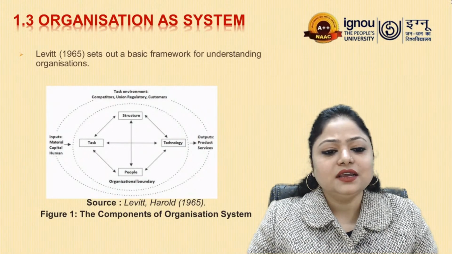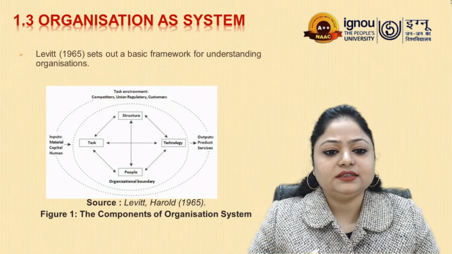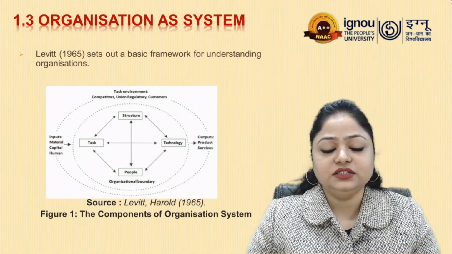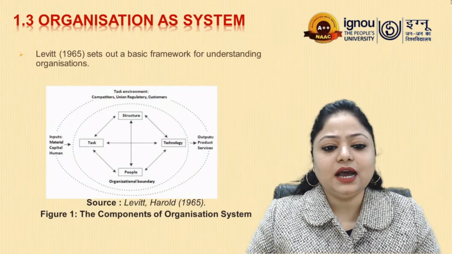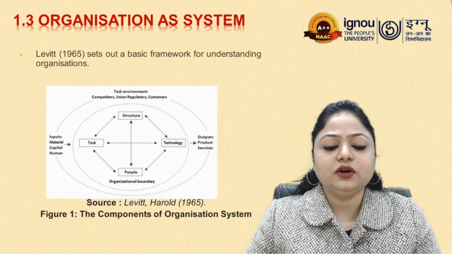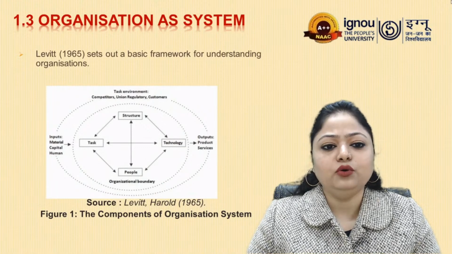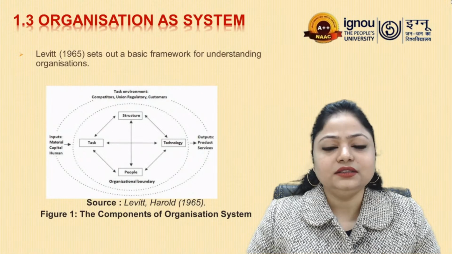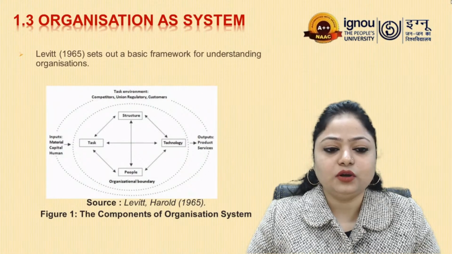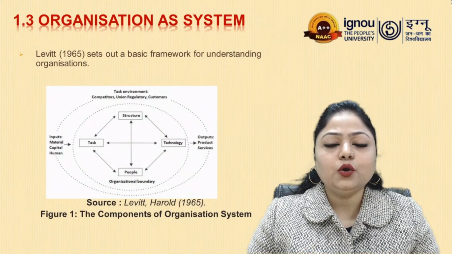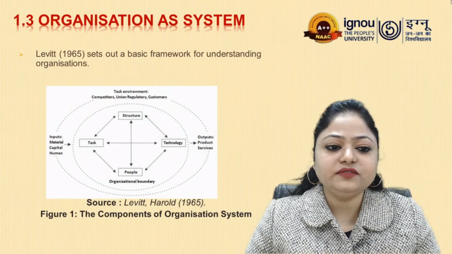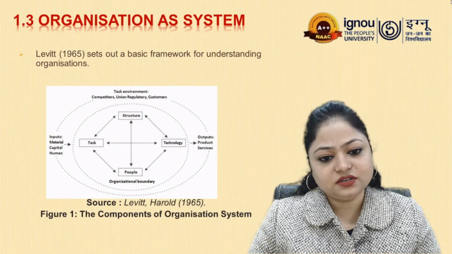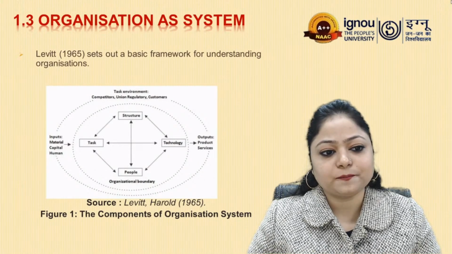Then there is the entire procedure, the structure. In the inner core there are structure, technology, people and task. So within the organizational boundary, we have four components or four subsystems. First is structure, then the task, then technology, and there are people who work on the basis of that structure, performing certain tasks with the help of various technologies available within the organization.